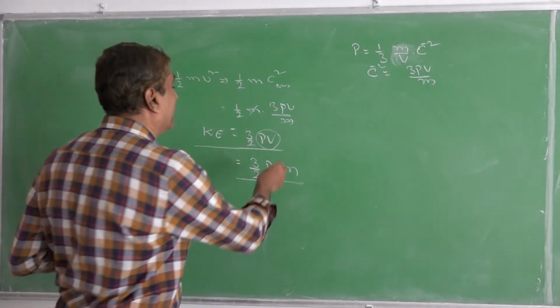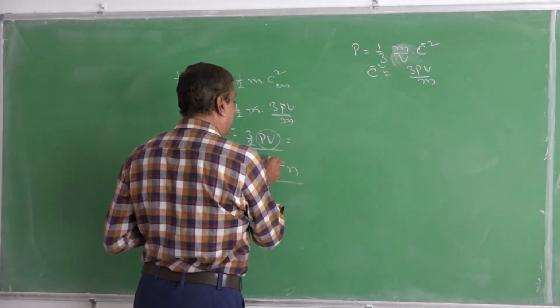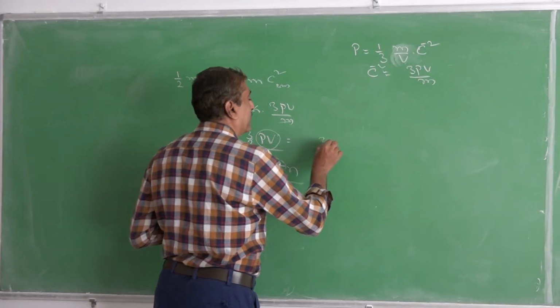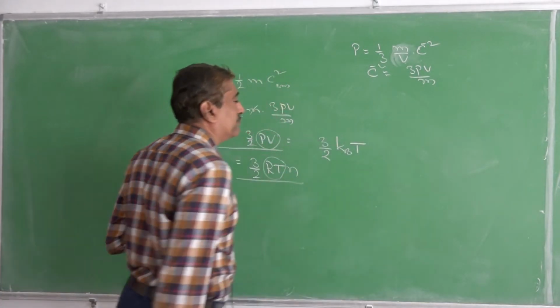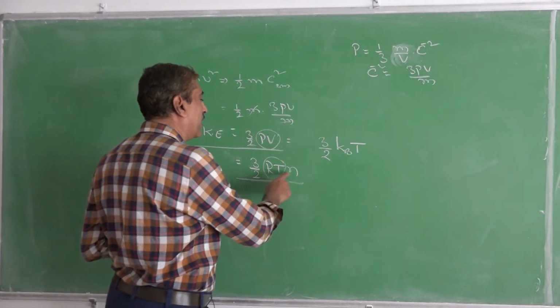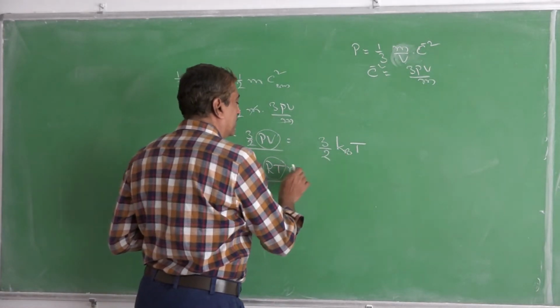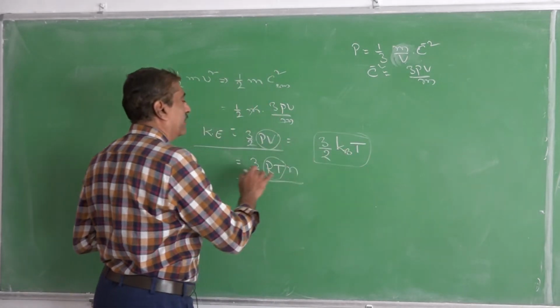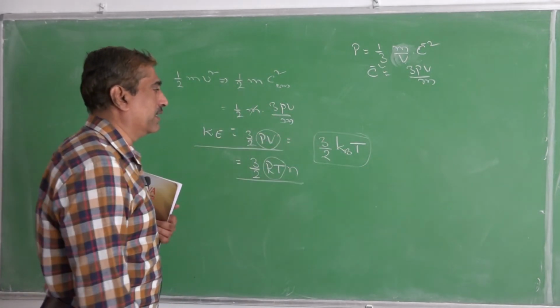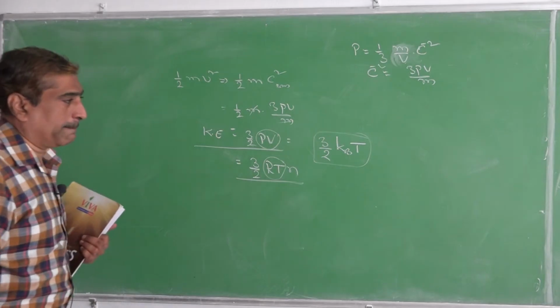And this is also equal to 3 by 2 kB T, because R by N can be written as kB. So remember these three formulas for the energy of a gas molecule.